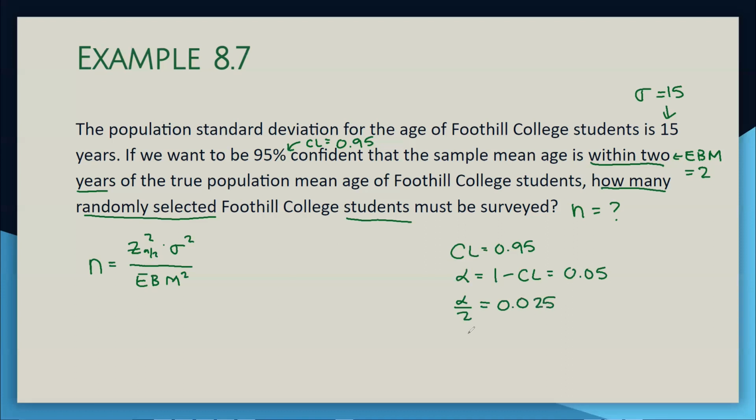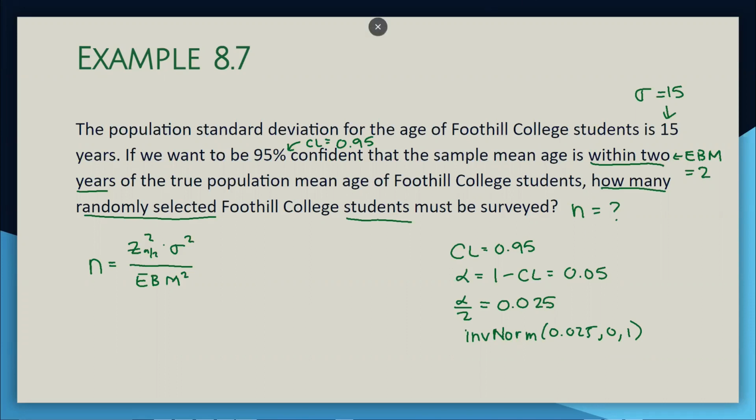And then we're going to use inverse norm, 0.025, 0, 1, because we're looking at the standard normal curve and the area in that tail is 0.025. If you're on GeoGebra, it's inverse normal and the mean and standard deviation come first. So 0, 1, 0.025.